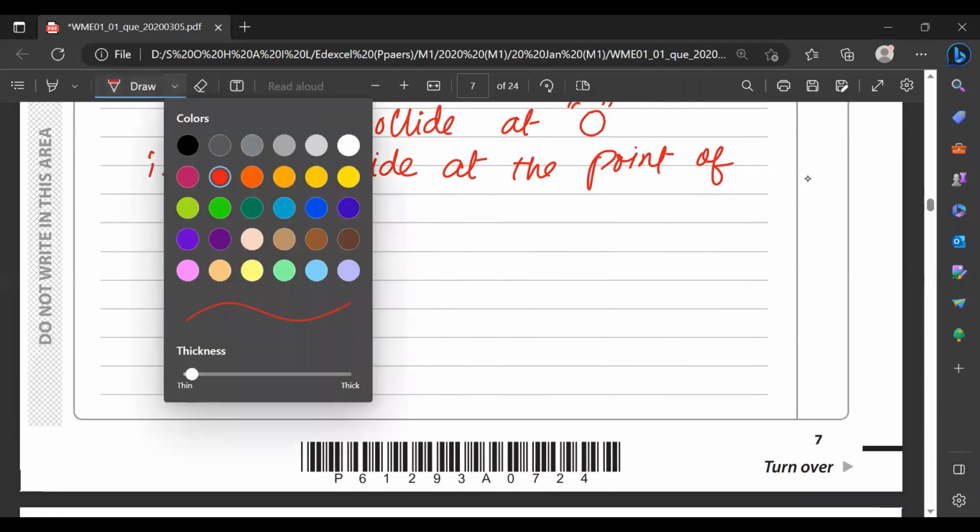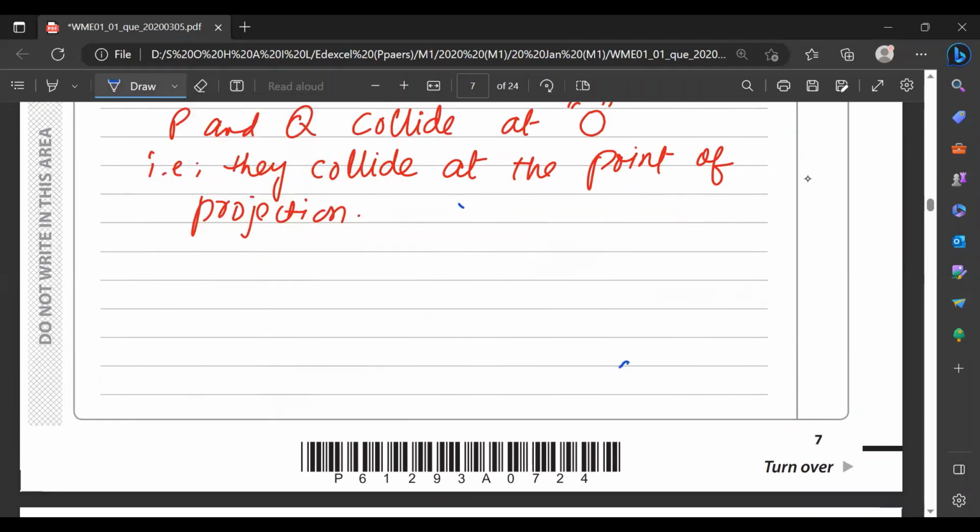So this means that particle P started from O, reached the maximum height and is coming down.